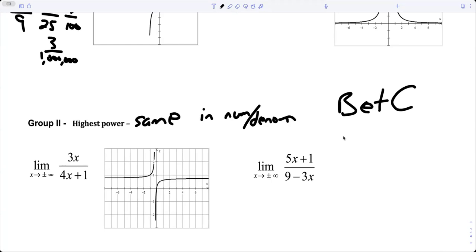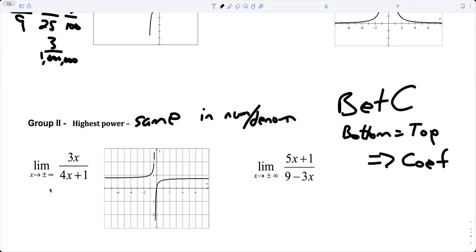Let me write that down. Bottom equals top, then it is the value of the coefficients. So the limit as x goes to plus or minus infinity, I've got 3x over 4x plus 1. The degree of the numerator is 1. Degree of the denominator is also 1. They're both equal. Therefore, the value of this is the value of the coefficients. So it would be 3/4.